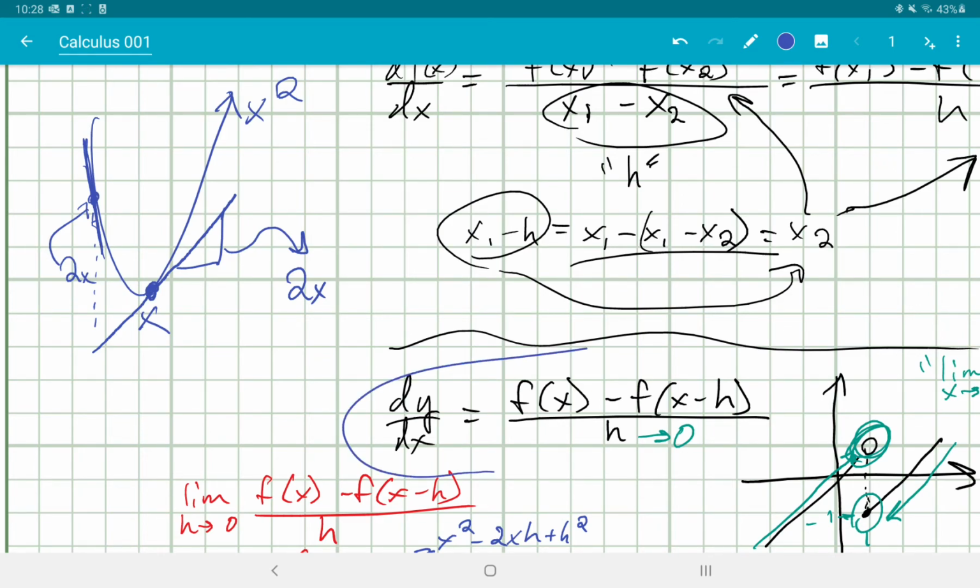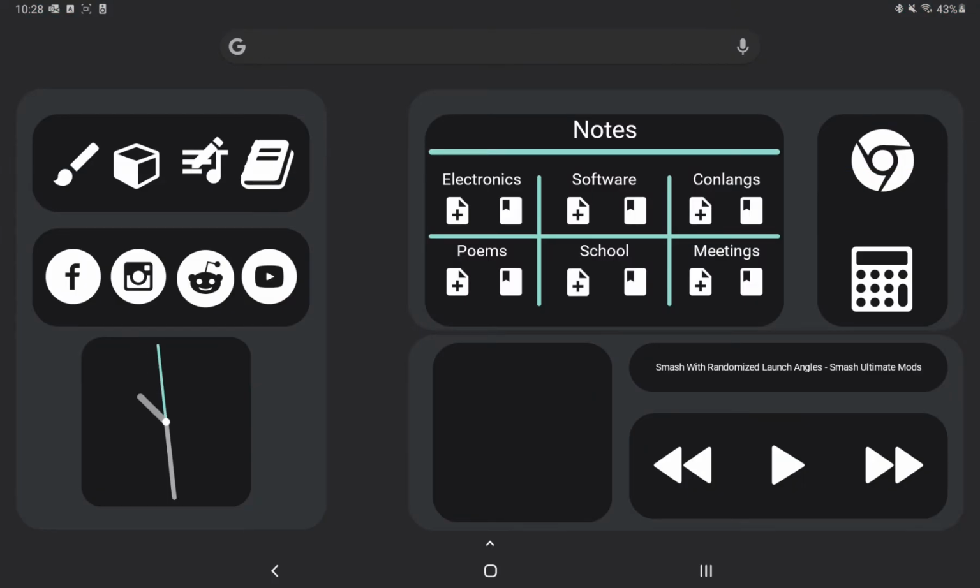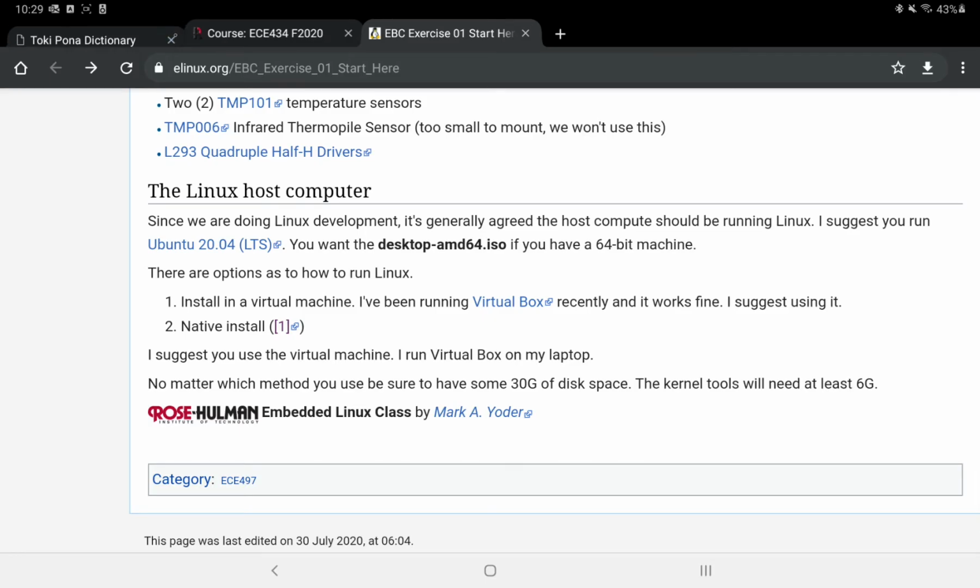Now we can use this definition to calculate the derivative of any possible function. But thankfully we don't have to, because at this point it becomes memorization.